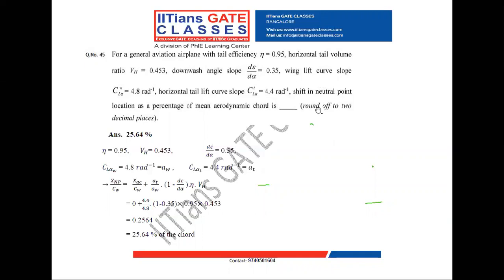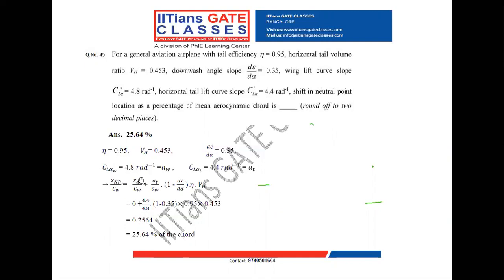But since they asked for a shift in the neutral point, they have taken the aerodynamic center as the reference. With respect to the aerodynamic center only, they are calculating the shift in neutral point for the given airplane.